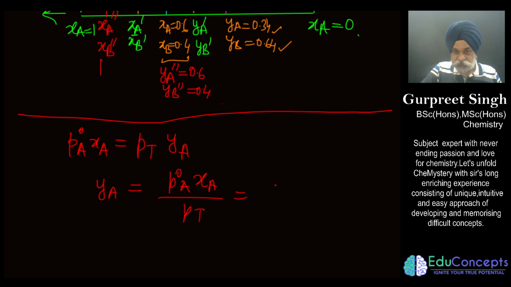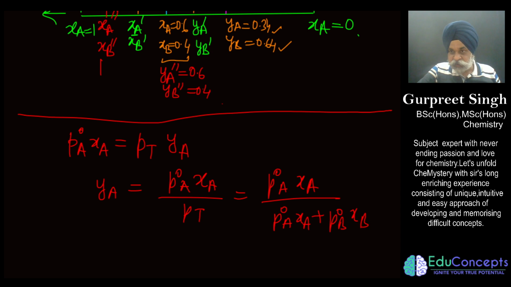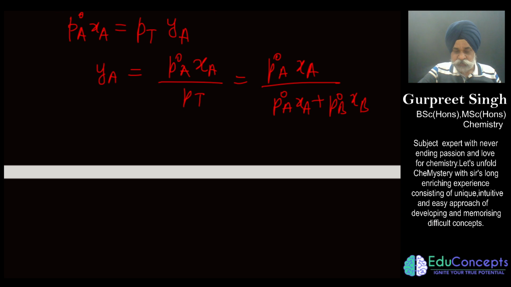This P total can be written as P naught A XA plus P naught B XB. This is what we have already done.